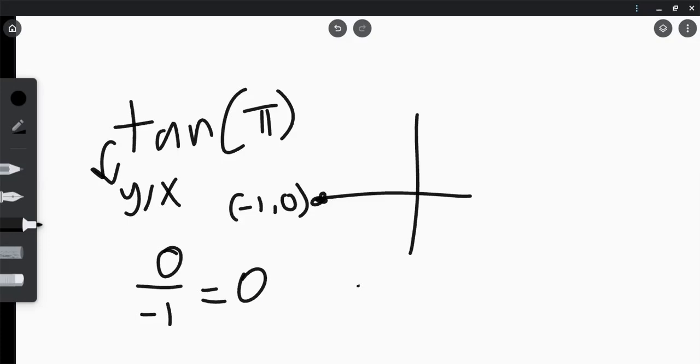So 0 divided by any number is just 0. Okay? So for this answer, you will just put the 0. It's very important that you remember this, because sometimes you can confuse and write another type of thing.